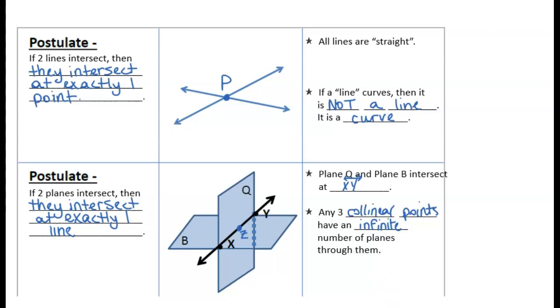The reason for this is that you can take either of these planes and spin it and rotate it around that line XY. So again, if you're having trouble visualizing this, ask to Zoom with me, maybe in tutorials, and I'll help you to visualize it. But any 3 collinear points have an infinite number of planes through them.